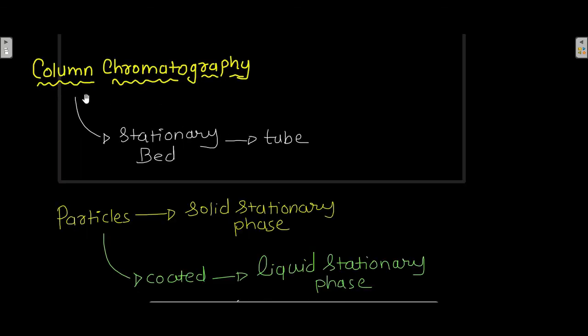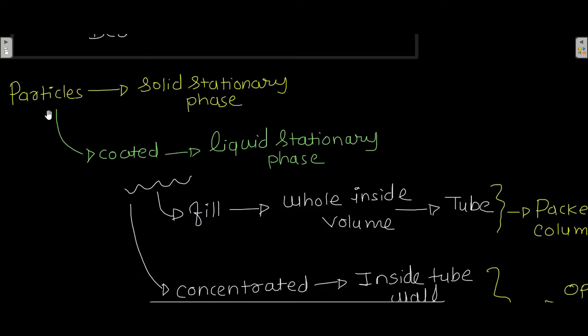Now let's talk about column chromatography. In column chromatography, the stationary bed is in a tube. The particles of the solid stationary phase are coated with liquid stationary phase and filled in a tube.